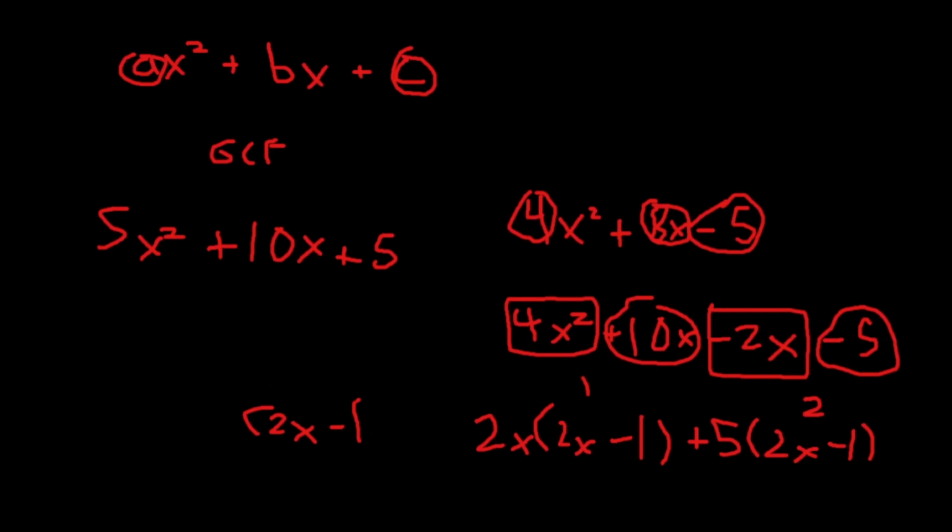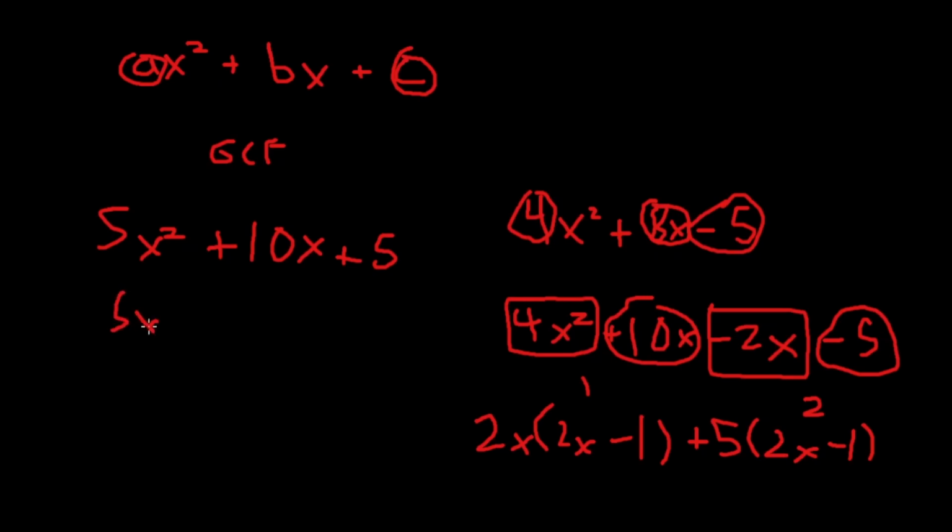And you actually could also do that with this here. Even though we found the greatest common factor before, and we solved from there, you also could just do the method I just described, grouping. So 5 times 5 is 25, right? But we can't just do x plus 5 times x plus 5. We tried that, it didn't work. So we're going to try the grouping method.